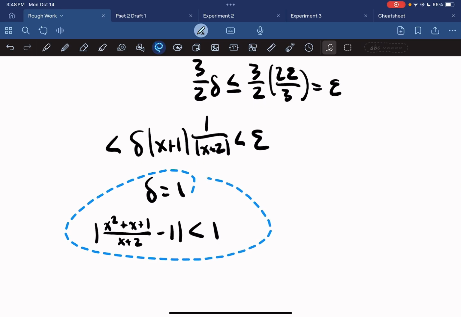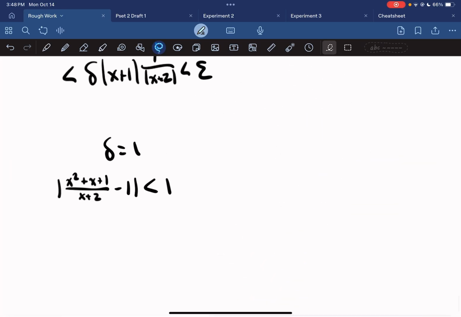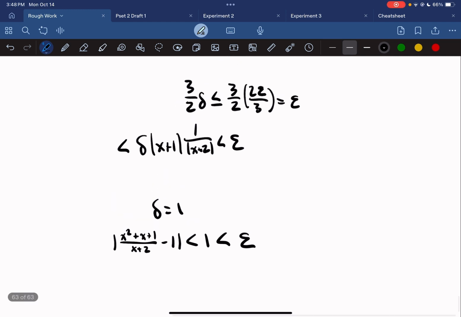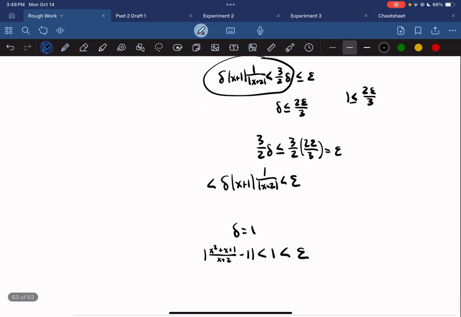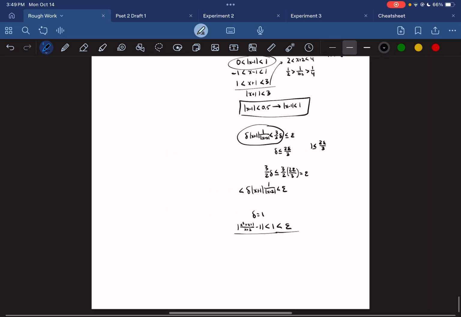This is all the case when 2 epsilon over 3 is greater than 1. And this means that this is all less than epsilon as well, because epsilon is so much greater than 1. Because we know this is true, this also implies it's less than epsilon. That's why this works.